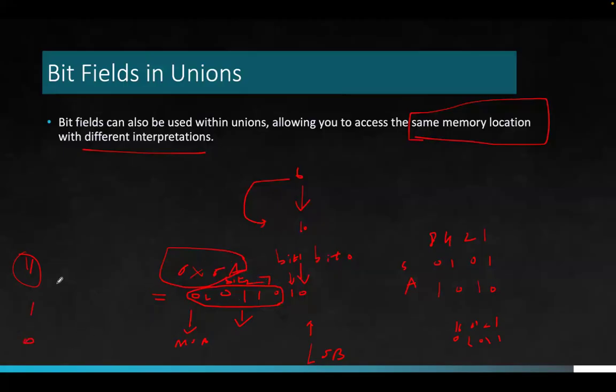Initially you have 5A only, but when you print separately by accessing these particular bit registers, you will get different values, and each value has a different interpretation. As a whole, it is the same as 5A, but when you see the sliced data of these particular bit registers, you will get 11, 1 and 0.